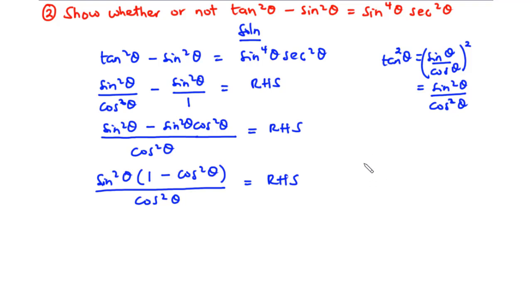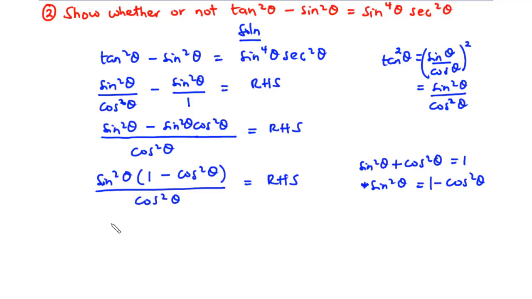Now we know that sin squared theta plus cos squared theta is equal to 1. Therefore, we can say that sin squared theta is equal to, we transpose cos squared theta to the right hand side so that we have minus cos squared theta. So we are going to input this in here.